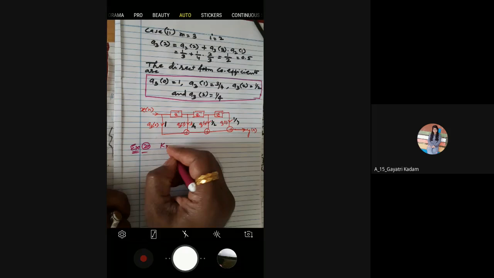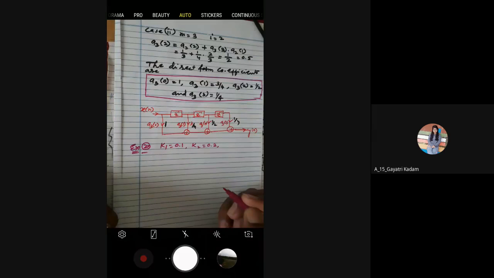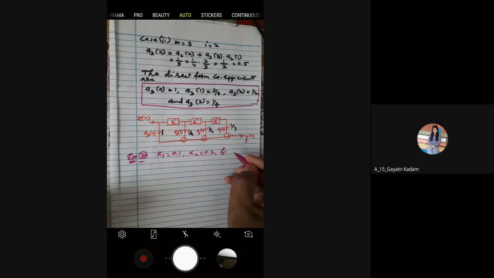Let the coefficients of three-stage FIR lattice structure be K1 is equal to 0.1, K2 is equal to 0.2, and K3 is equal to 0.3.